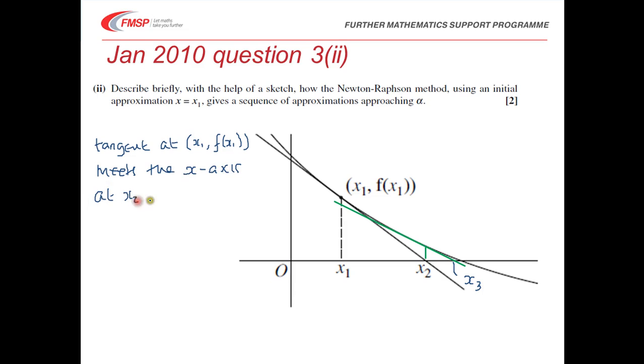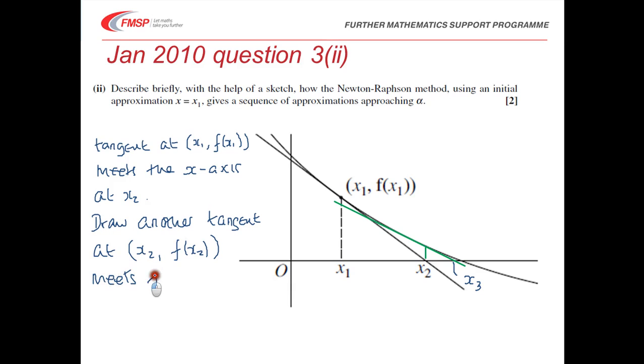That was the bit that was described to us initially, and then we now draw another tangent at x2, f of x2, and then it will meet the axis, we'll call it x3. And we could go on doing that sort of thing.